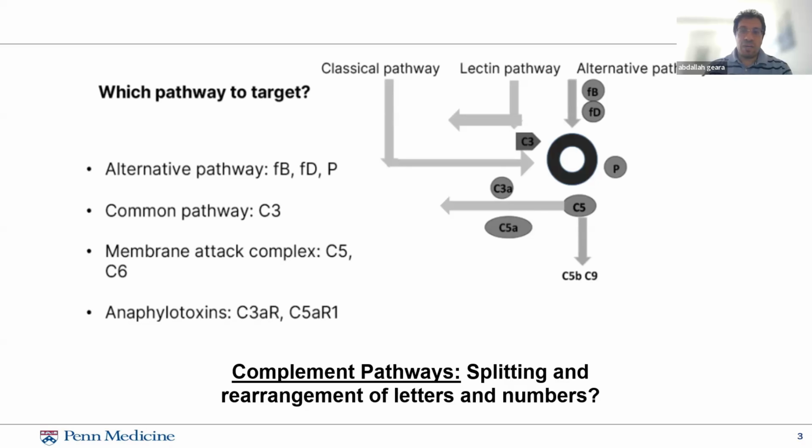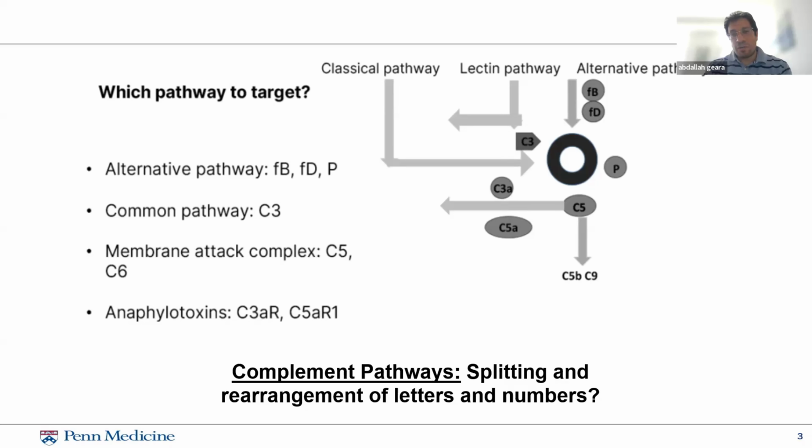We had one intersection, the C5 convertase, that was quite important because we had therapy for the last maybe 10 or 15 years. This therapy is eculizumab, as you know, that we used initially to treat paroxysmal nocturnal hemoglobinuria, but for nephrology, we talked about atypical HUS and some other forms of TMA, where we just try to target C5 convertase.